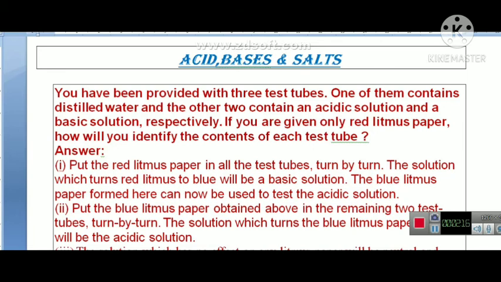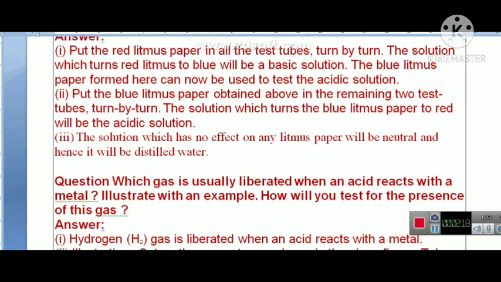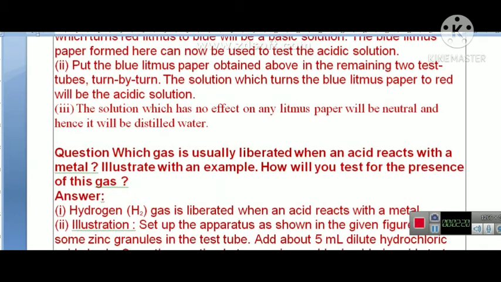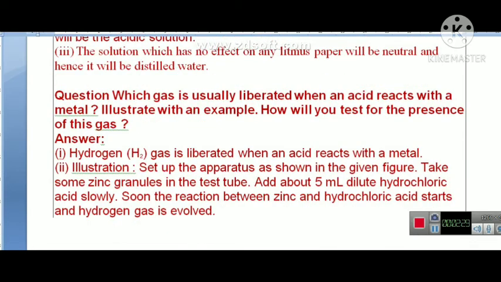The solution which has no effect on any litmus paper will be neutral and hence it will be distilled water. Thus, of these test tubes, one is acidic, another is basic, and where there is no effect on litmus is distilled water, which is neutral in nature.